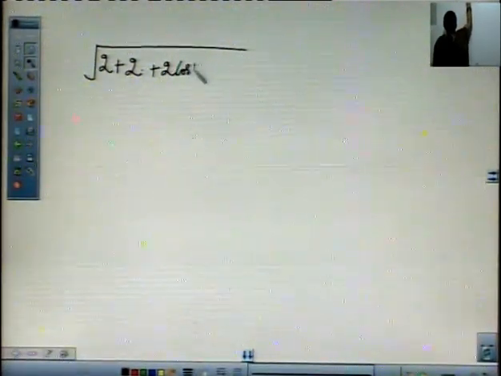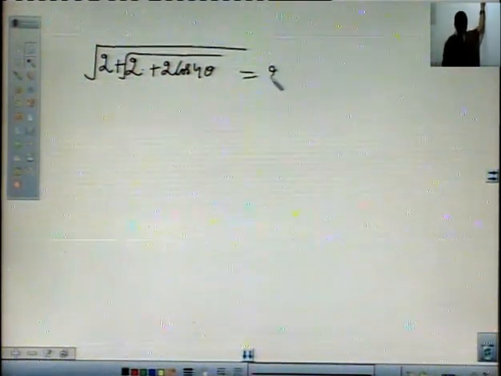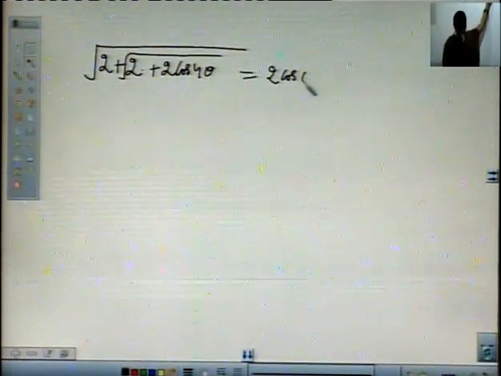Now some questions. Prove that under root 2 plus root of 2 plus 2 cos 4 theta will be equal to 2 cos theta.